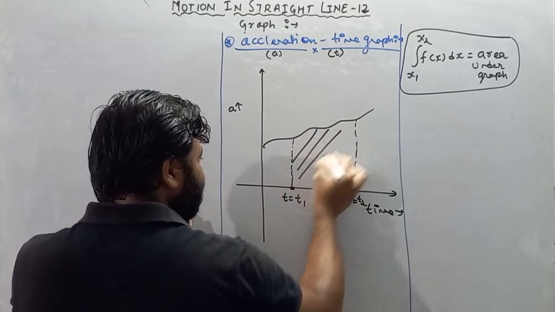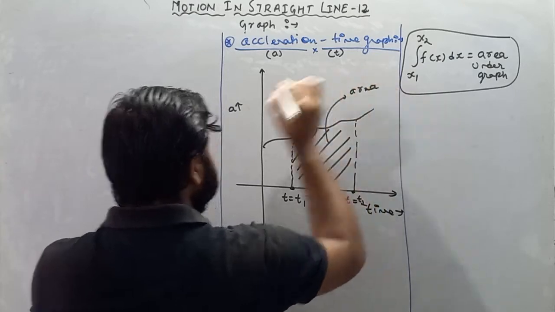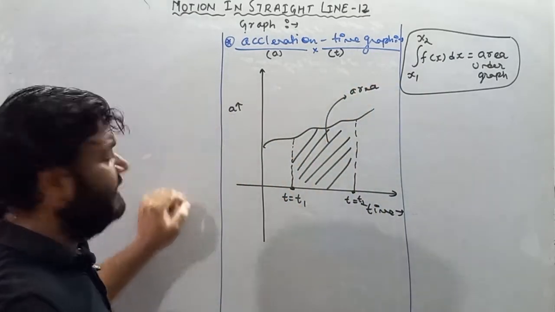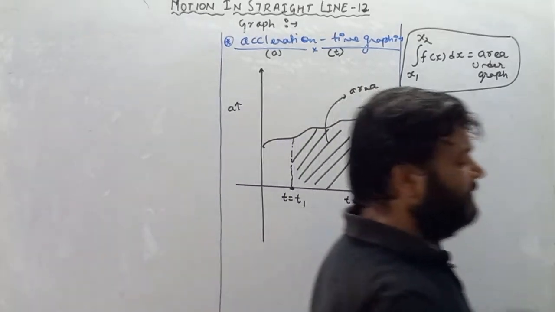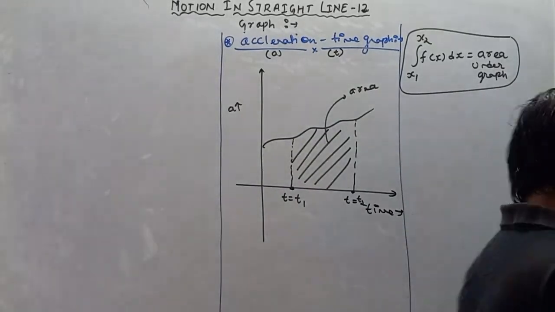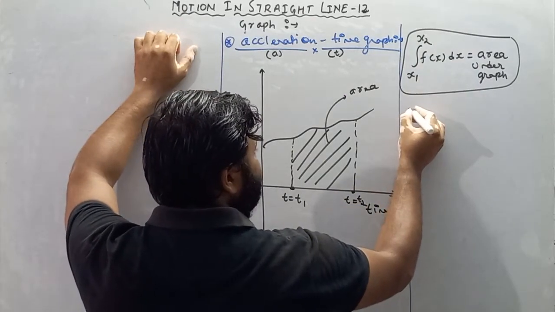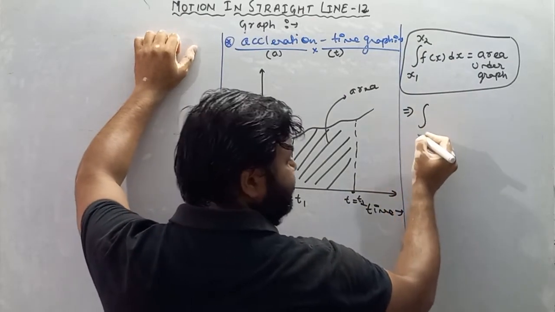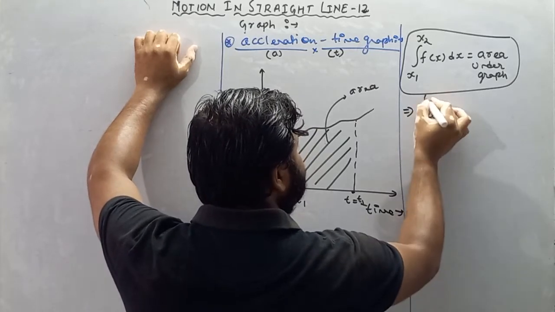The particle covers a certain area. This is our area. See, what is our function? Our function is a, and this a is changing with respect to t. So what will I write, my dear student? Instead of f of x dx, I'll write the integral of acceleration dt from time t1 to t2.